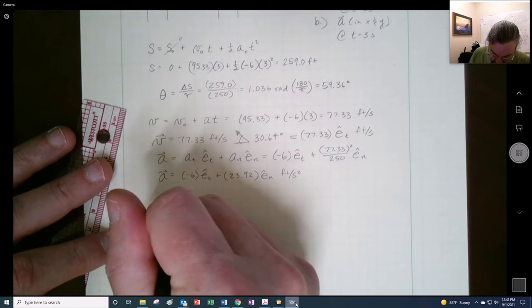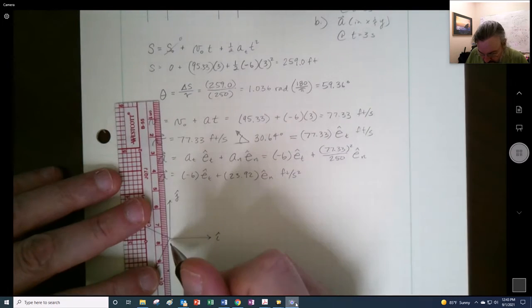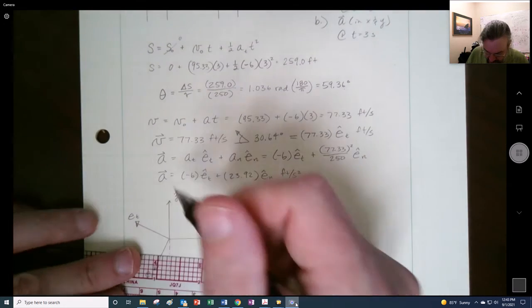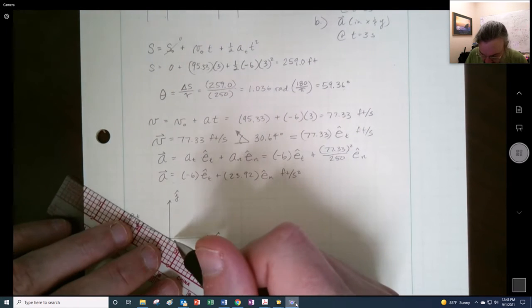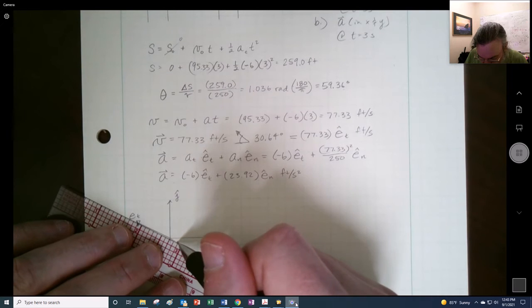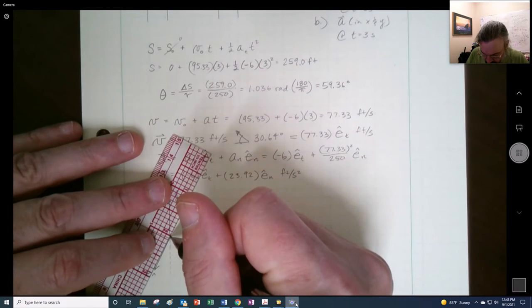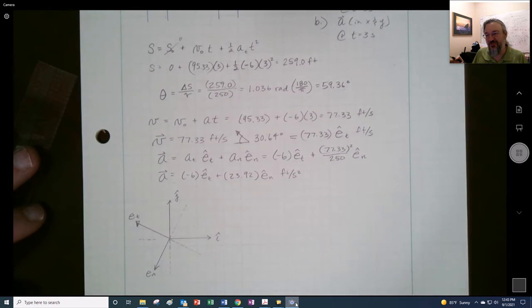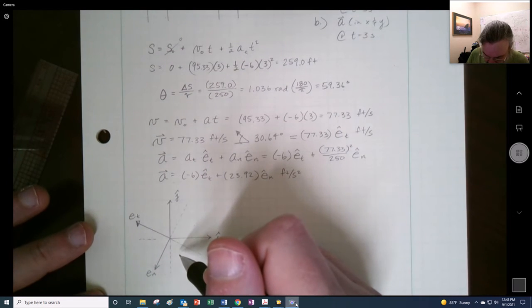So I have ET and EN right there. When doing these, I think it makes it a lot easier to extend them as dashed lines. It helps us figure out what angles we want to use, generally speaking. And if it gets close to 45, you might exaggerate it so you can figure out which one's going to be the narrow and which one's going to be the wide one.